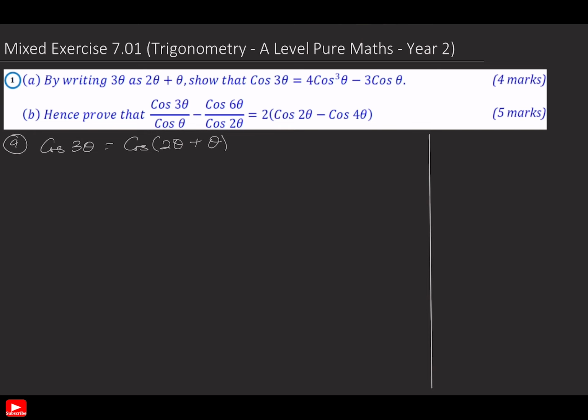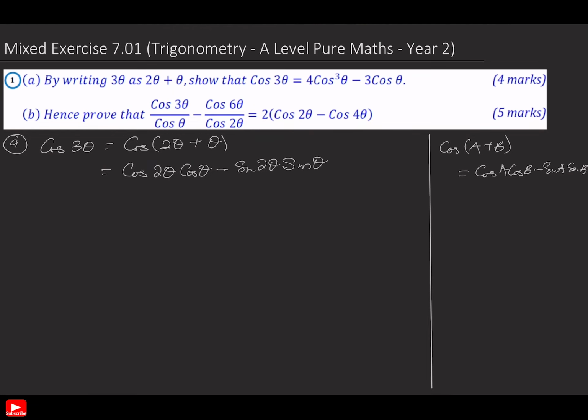If we use the compound angle formula, which is cos A plus B equals cos A cos B minus sine A sine B, and apply this rule, we're going to get cos 2 theta cos theta minus sine 2 theta sine theta.